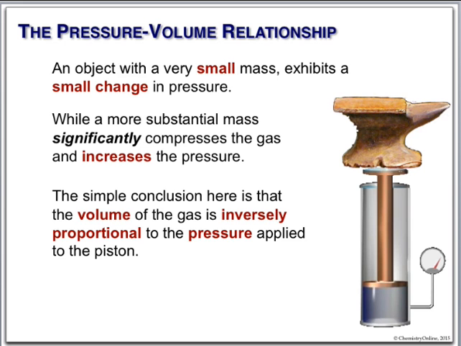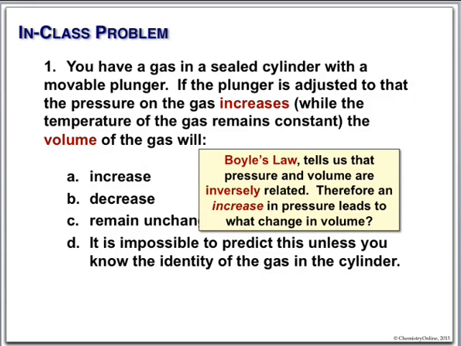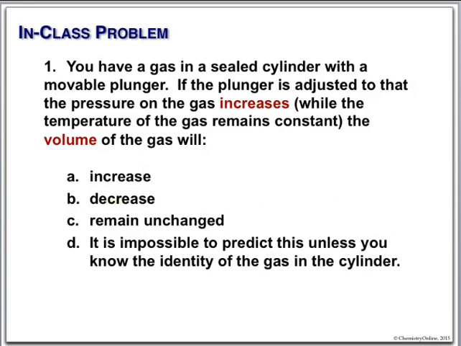The way we say this is that the volume is inversely proportional to the pressure. That is the basis of Boyle's law. So going back to here, Boyle's law tells us that pressure and volume are inversely related. Increase in pressure leads to what change in volume? Well, that has to be a decrease. Any questions?